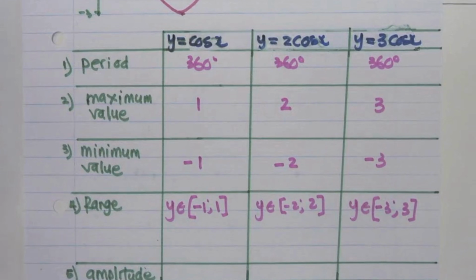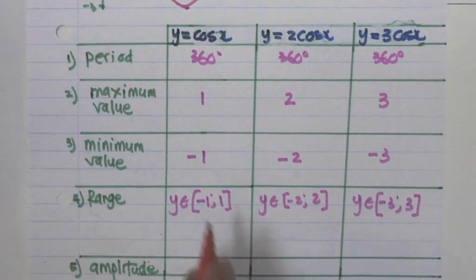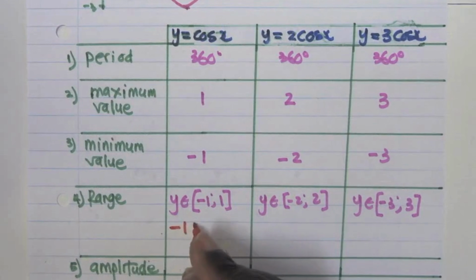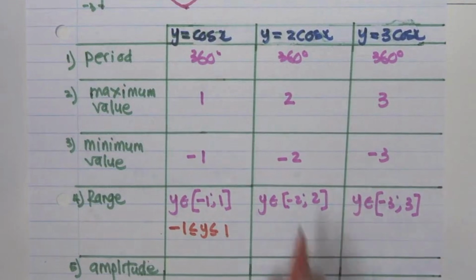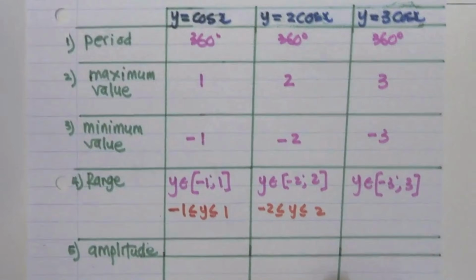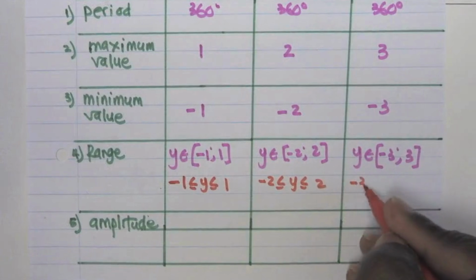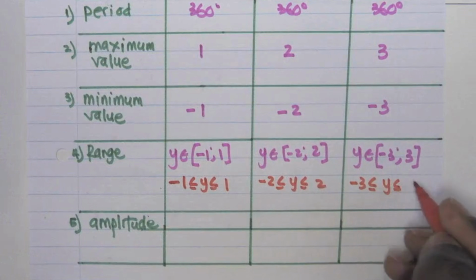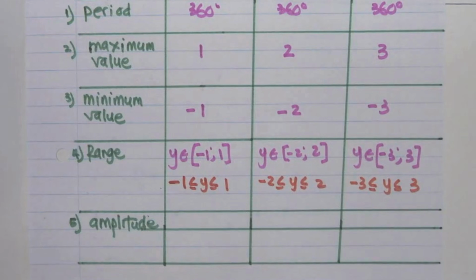I can write my answer using inequality notation as follows. For the first graph, and then for the second graph, and then for the last graph, this is what I get.